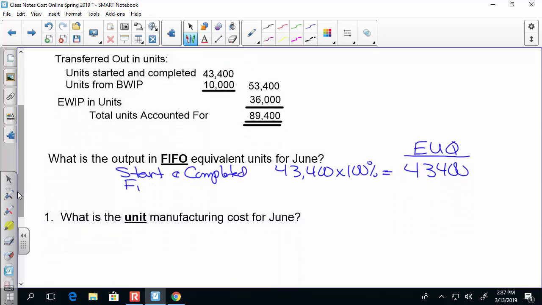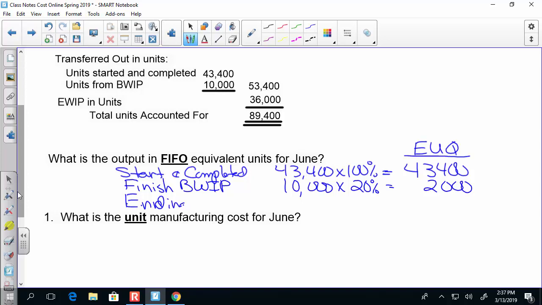So the next line I was going to put down is finished beginning WIP. Of the 10,000 units, whole units, to finish them required 20% more effort, which then leaves us with 2,000 equivalent units. And then our ending units, again, doesn't change.